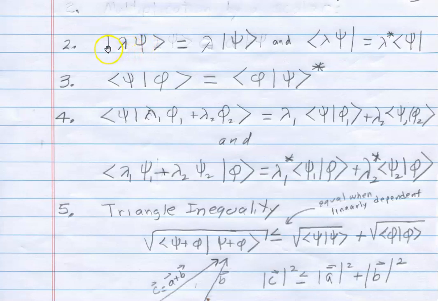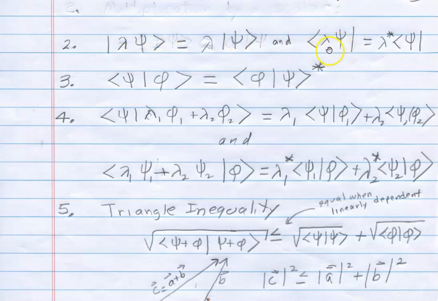And so for the ket vector of lambda psi, I can bring this lambda, this complex number, outside. On the other hand, if I have a bra vector, then I can certainly form the bra vector corresponding to this state. It's just lambda times psi bra vector.